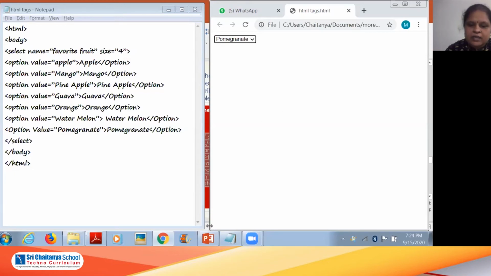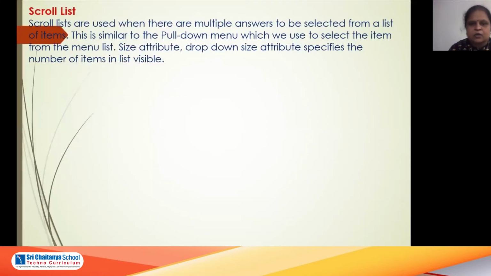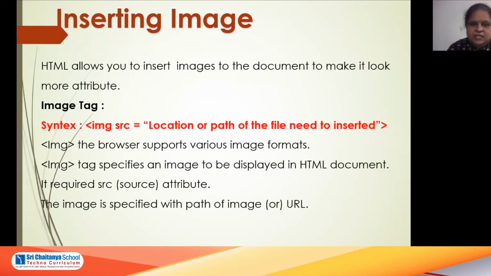Now let us go back to our presentation just to see what is the next tag. Okay, now next is how to insert an image in the web page. I hope you all know previously we have learned how to insert an image as a background of the web page, but now we are not inserting it as a background.